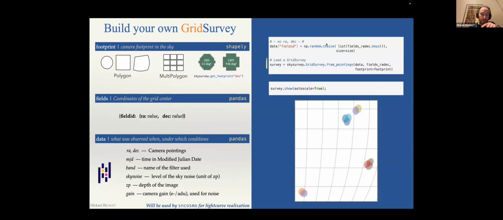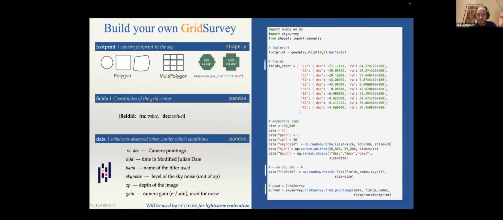Okay, so now you know how you can build your own surveys. And if you have something complex, like you want to play the game with how your detector or signal to noise is working, for instance the background noise, if you want to say something about the gain, or any detector defect you may want to imagine, then this will only reflect on sky noise that can depend on where you are in the sky, in the footprint and so on.